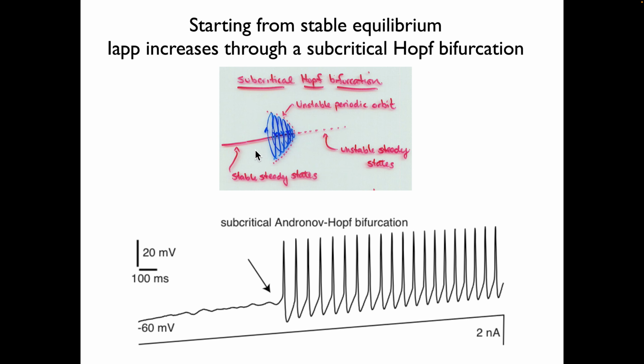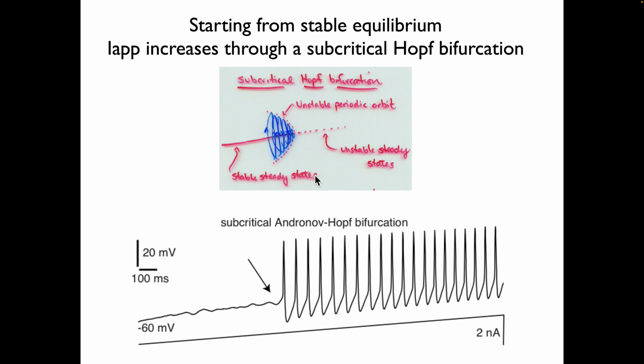On the other hand, if you had a subcritical Hopf bifurcation, as you increase the applied current, you would move to the right along these stable steady states, and then the steady states would go unstable, and you would immediately be jumping to some other solution. You can't even tell from this bifurcation what that solution would be.